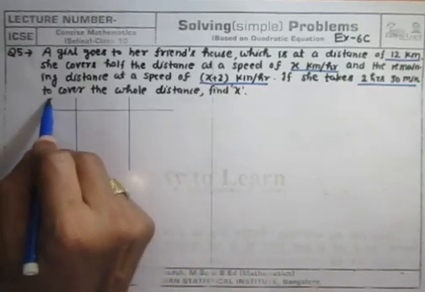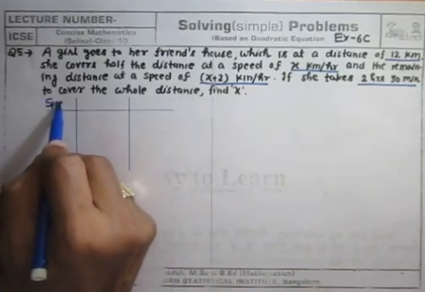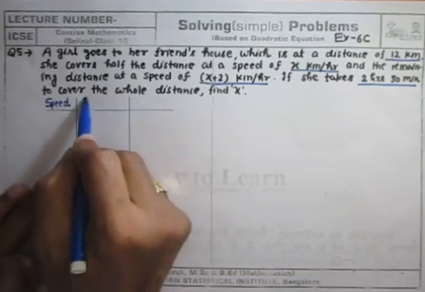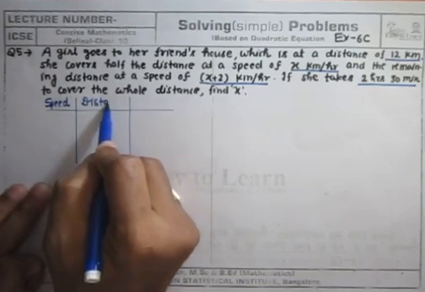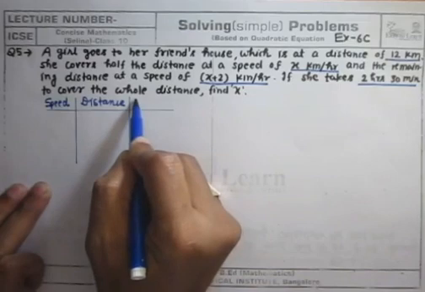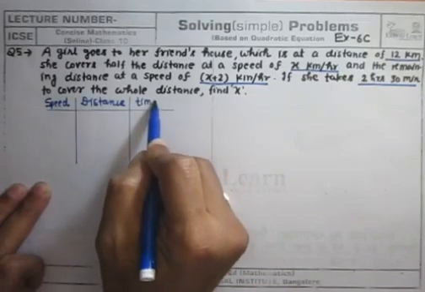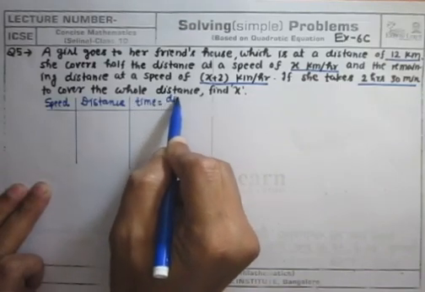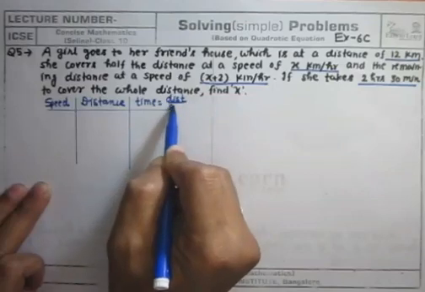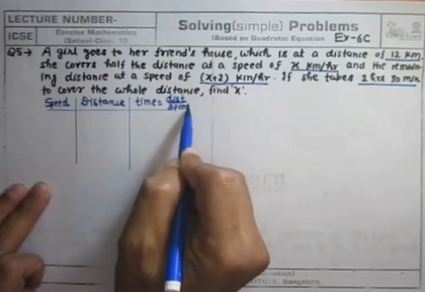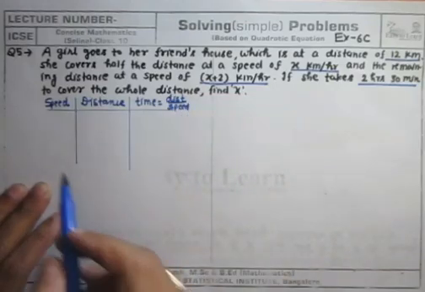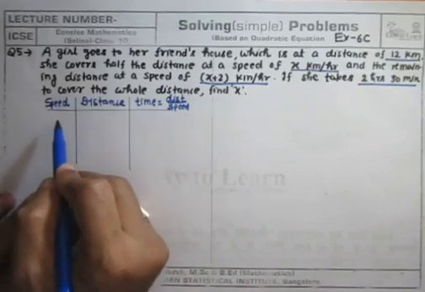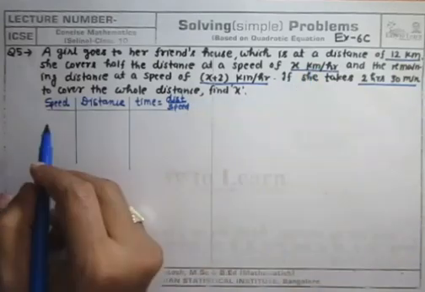So in the first column we will write speed, in the second column we will write distance, and then we will write time. That is equal to distance by speed. Now, first half distance is covered by x kilometer per hour.